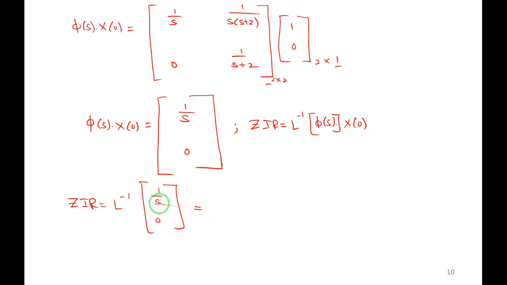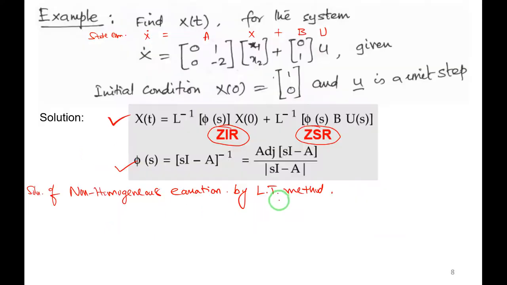So what is Laplace inverse of 1 by s? It is 1, right? Laplace transform of 1 is 1 by s. And Laplace inverse of 0 is 0. So I am getting this. This is ZIR. So let me call this equation 1.